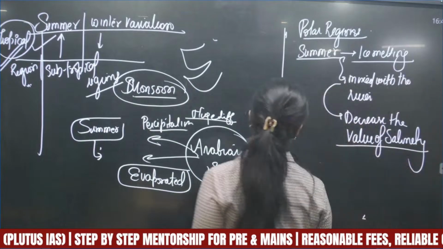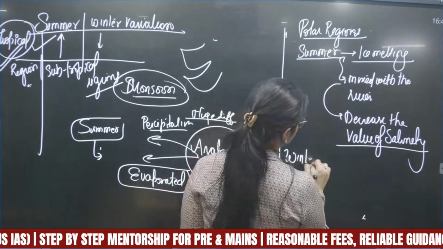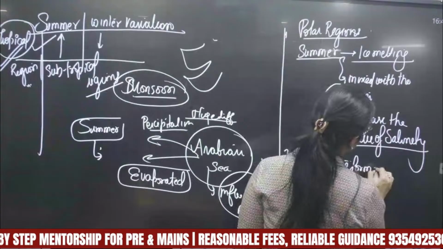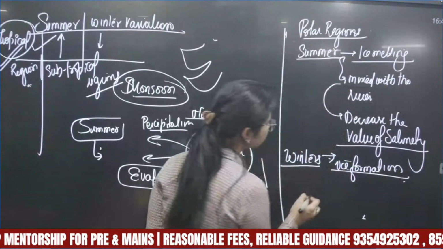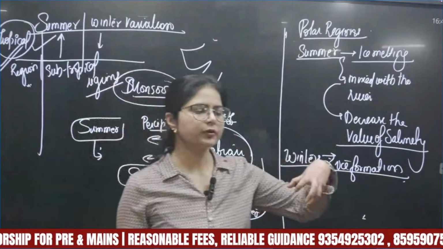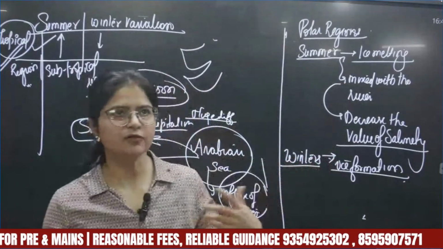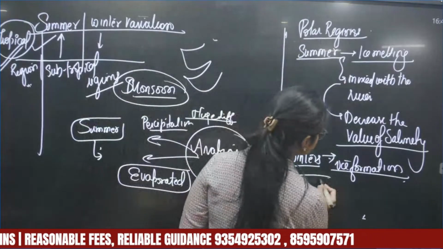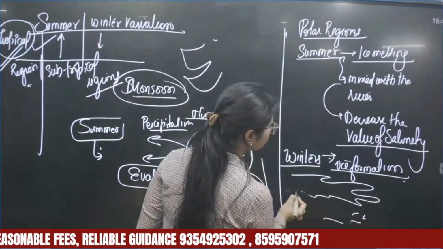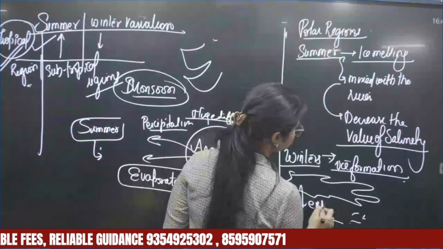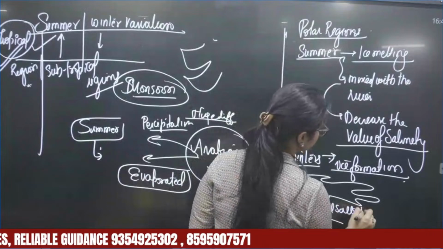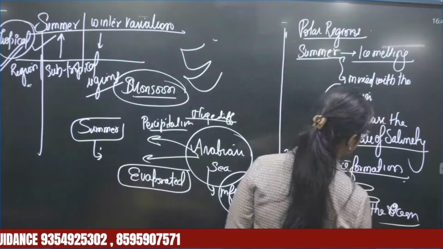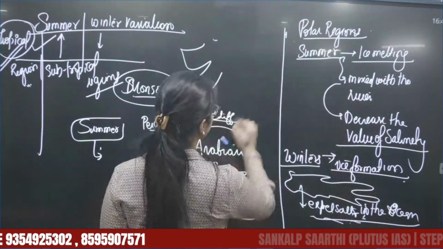But at the same time, if I'm taking winters, in winters, there would be ice formation. And ice formation will do what? Whenever ice forms, it would form without the salts. Ice formation is always without salts. So what would happen? These areas would get frozen and it will expel salts in the ocean or river, and hence it will make the surrounding area more saline.